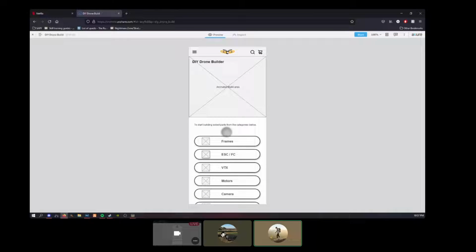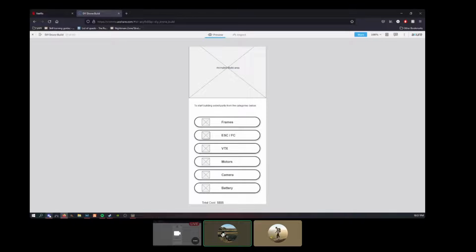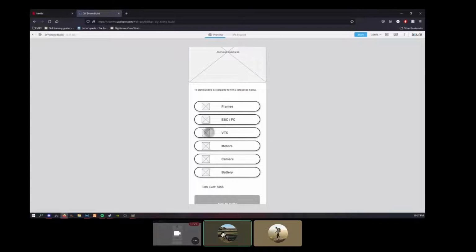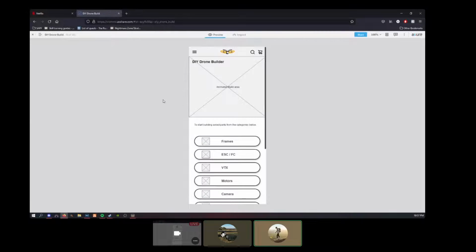The only thing I could probably say is instead of having them all listed there, start with the frame and then display them one by one, so you don't overwhelm the builder. So as you select a frame, the next ones appear, or maybe the opacity changes and they become selectable, so they can't just go straight to the battery and start with the back. Yeah, that makes a lot of sense.